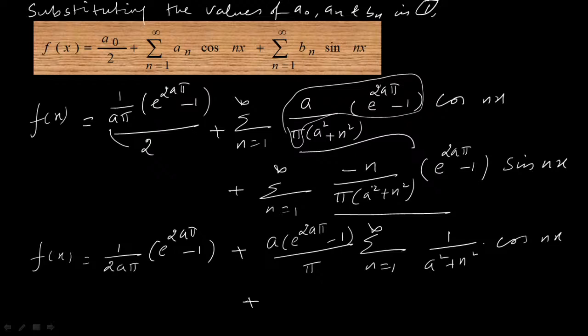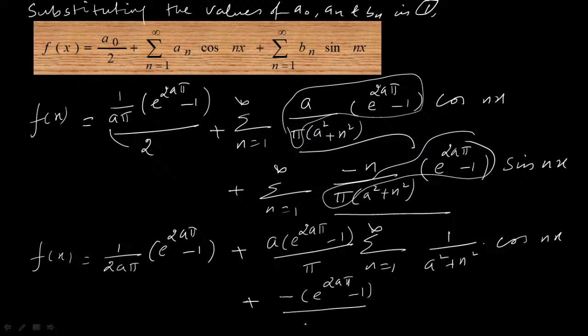So here e power 2a pi and pi divided by pi. This is a constant term, so take it outside. Along with minus 2 you have to take it outside. So if you take outside, so minus e power 2a pi minus 1 divided by pi of sigma n varies from 1 to infinity.